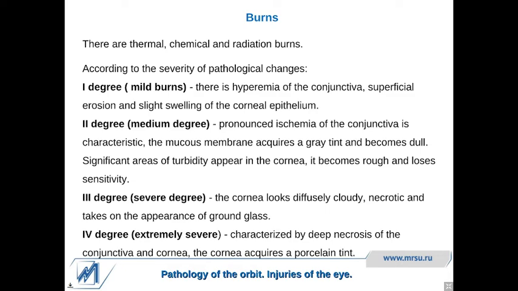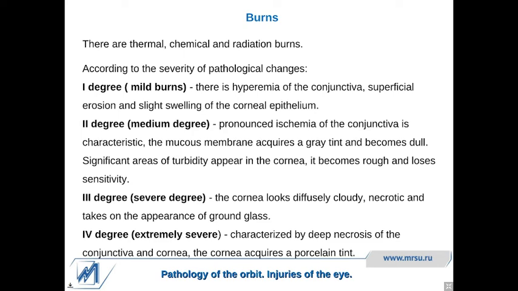The third, severe stage. In this stage, the cornea looks diffusely cloudy, necrotic, and takes an appearance of ground glass or matte glass. It keeps a little bit of transparency, but not at all. The fourth degree, extremely severe degree of burns, is characterized by deep necrosis of the conjunctiva and cornea.